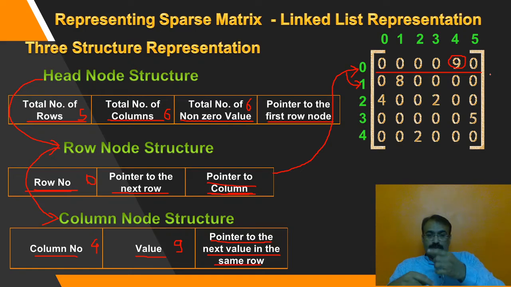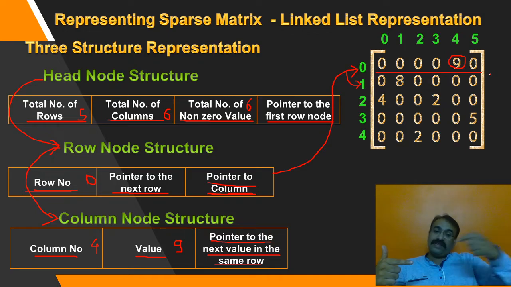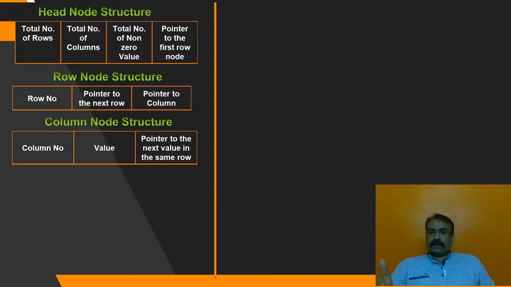So now we can see this as a list of lists. You have a head node pointing to the row node linked list, in which every node is pointing to a column node structure. Little complex. We'll go through an example and the things will be more clear.